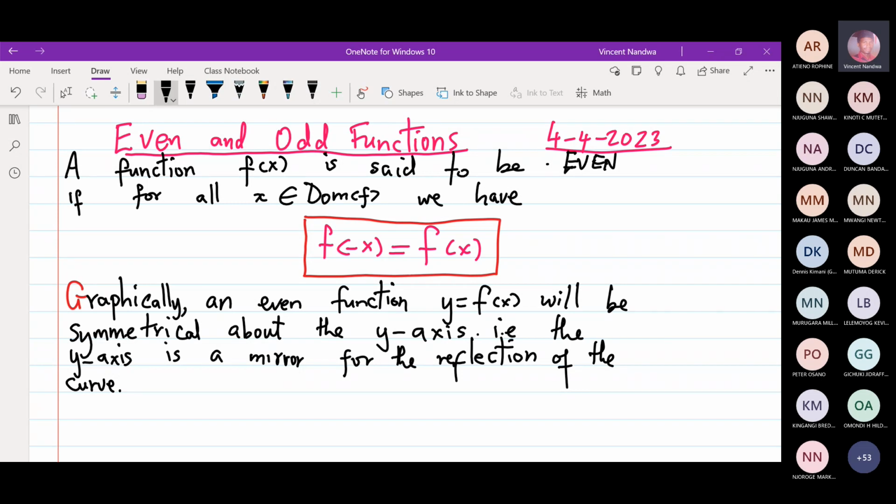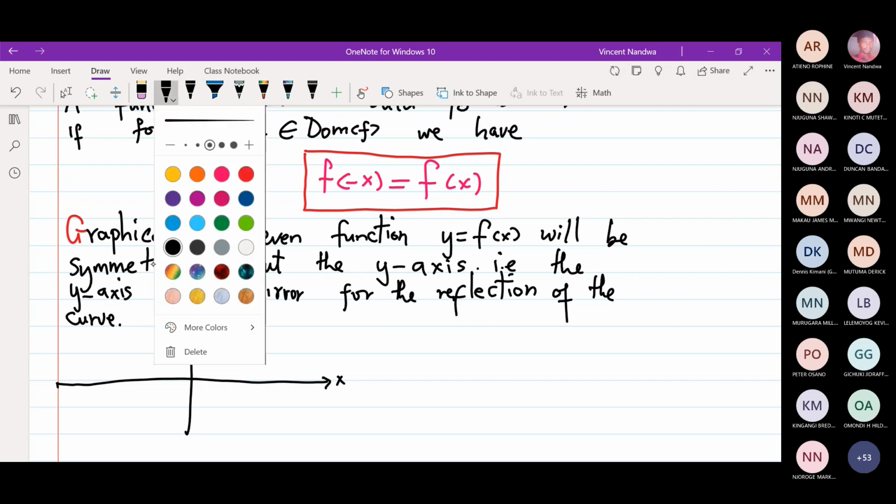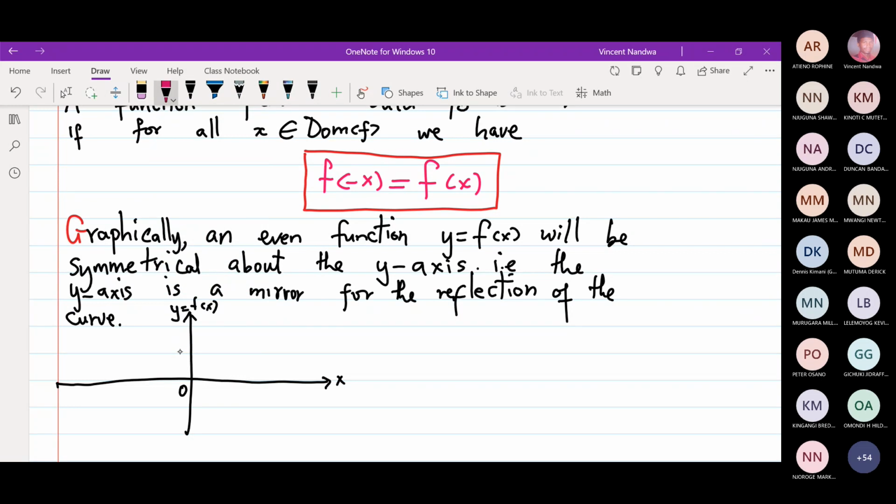We draw some sketches to illustrate that. This is an example of a graph of an even function.